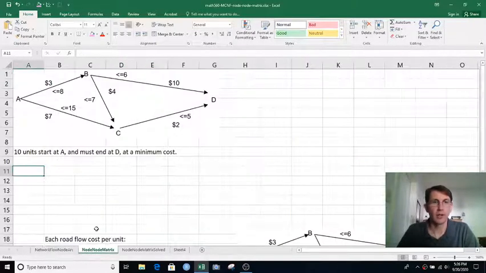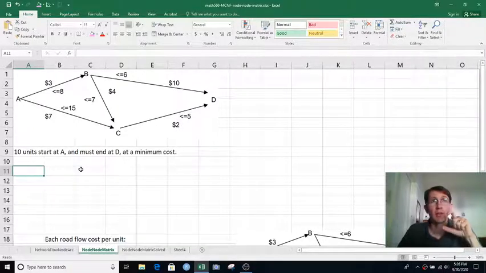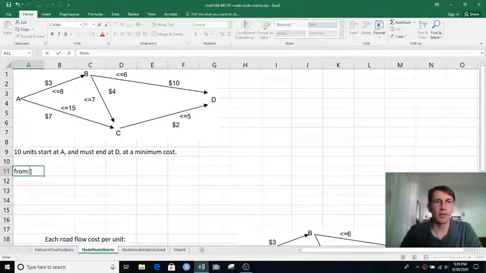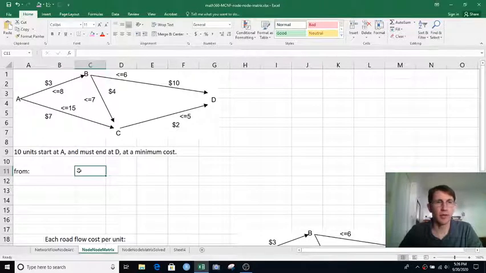Let's go do a node-node matrix formulation. So the same setup as before, but now we want to have a matrix that says how much flow is coming from a node to another node. So we'll set it up this way. I'm going to skip this column for now and come back to it.